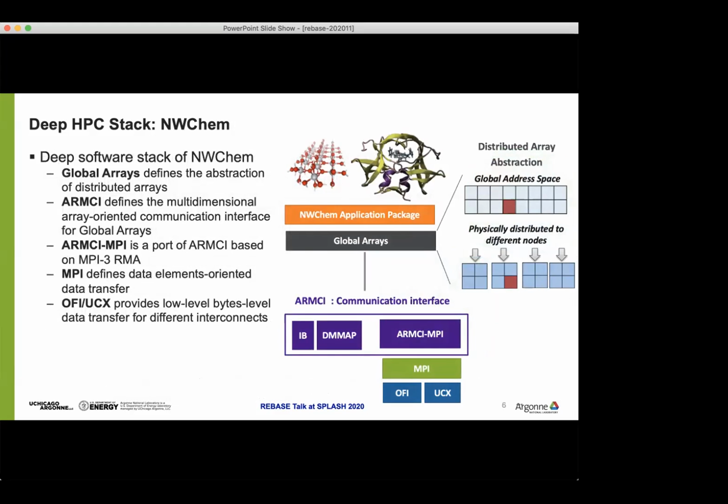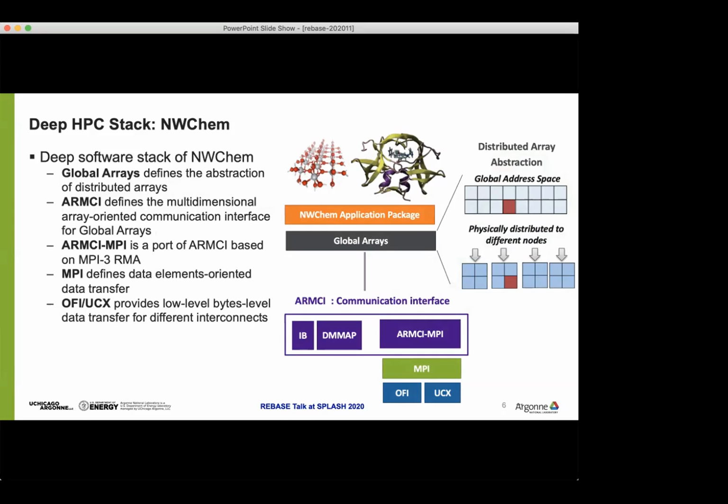If we decouple the application stack for NWChem, we can see that it has several software layers combined. This allows us to relatively simplify the code logic of the complex application. For example, for the data movement path of the application, it has a Global Arrays layer, and at the bottom of Global Arrays, we have an ARMCI layer, and then ARMCI-MPI, and so on.